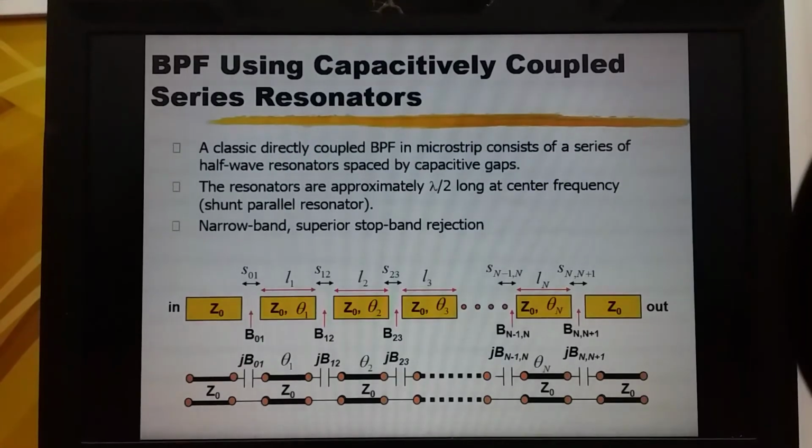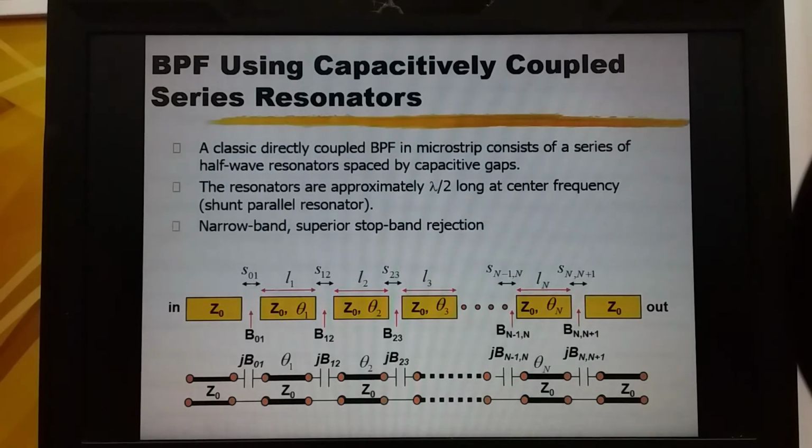This is an example of a bandpass filter using capacitively coupled series resonator. Each of these resonators is a half wavelength transmission line open circuited at the end. The coupling from the transmission line to the resonator is through a gap, which is equivalent to a series capacitor.